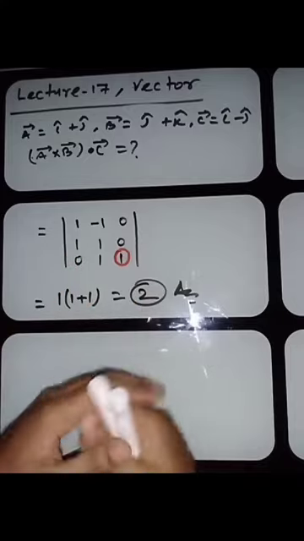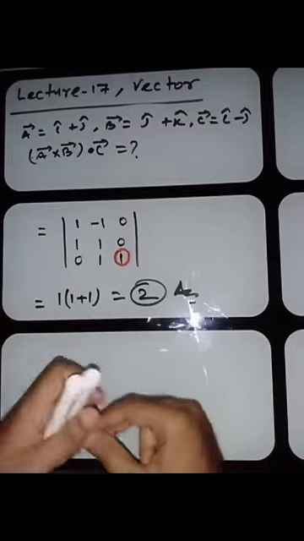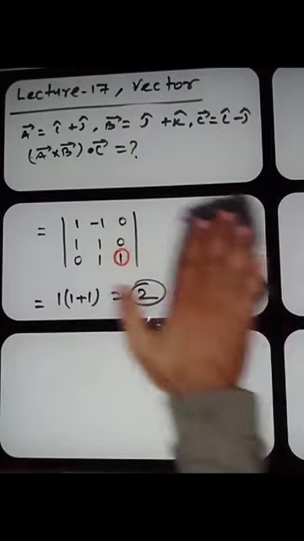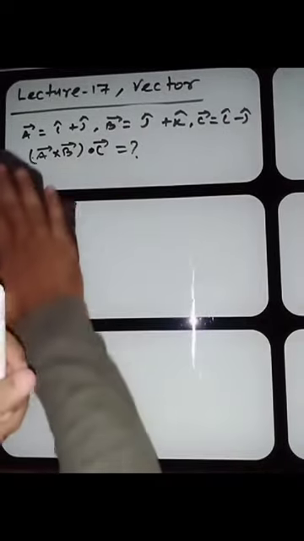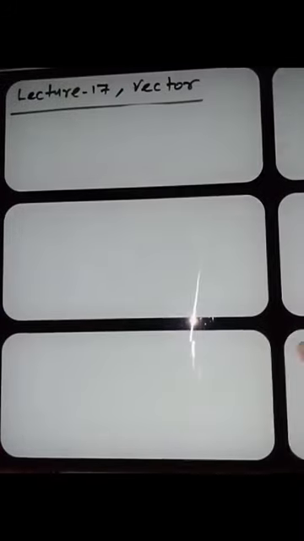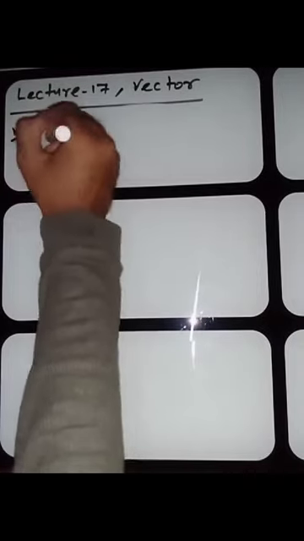I'm giving you some homework on the basis of this scalar triple product. My dear students, I have given you 5 vectors. Let me write the 5 vectors here again. This is another homework.